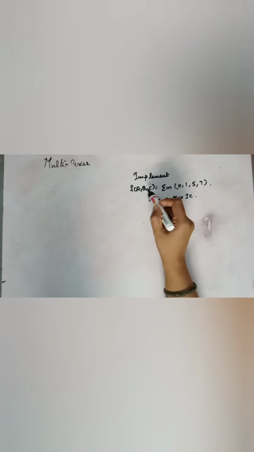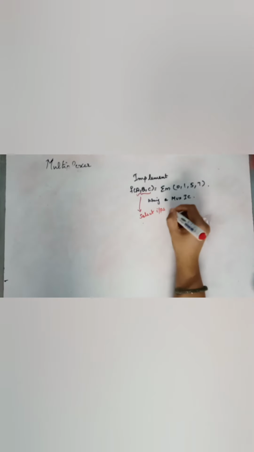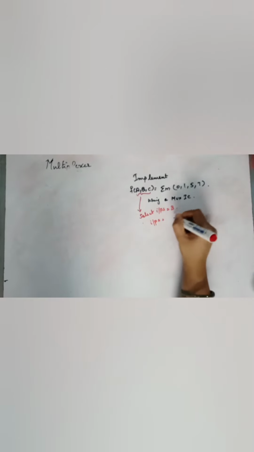So what should you see? Function of ABC. So what are these ABC? These ABC are the select inputs. So you have 3 select inputs. When you have 3 select inputs, the number of inputs is equal to 2 raised to n, that is 2 raised to 3, that is 8.